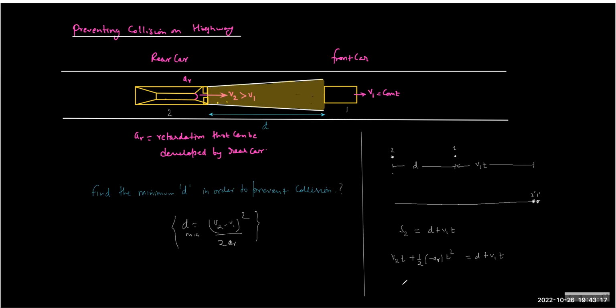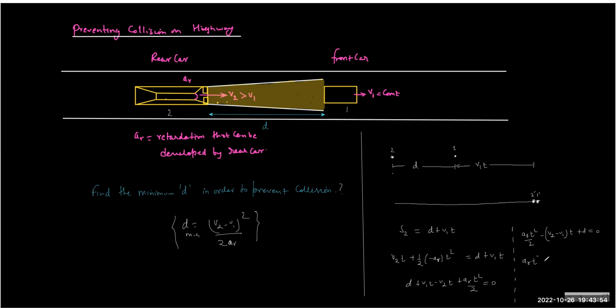So if you rearrange, how can you rearrange? You can write d plus v1t minus v2t plus a_r t square by 2 equals 0. So you are getting a_r t square by 2 minus (v2 minus v1) into t, plus d equals 0, because v2 is more than v1.